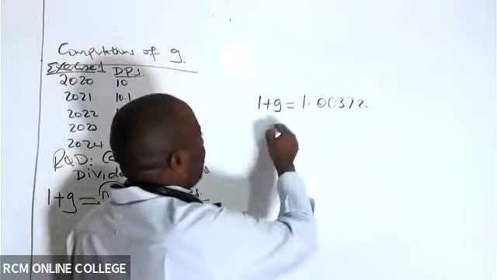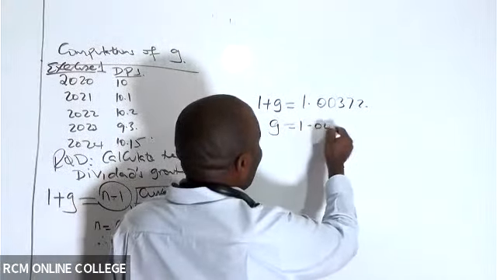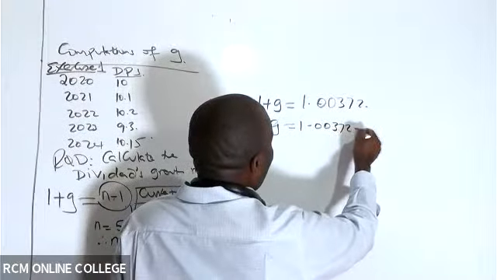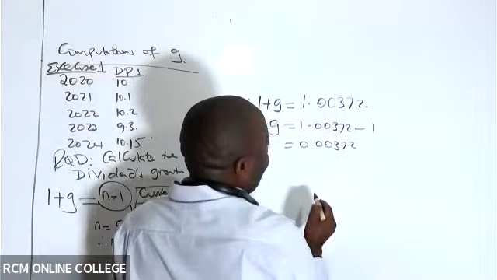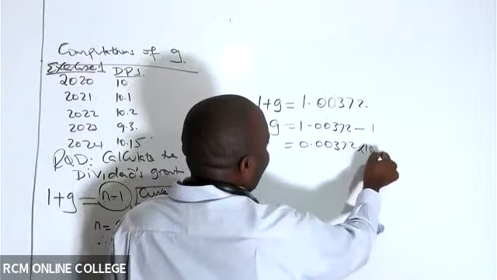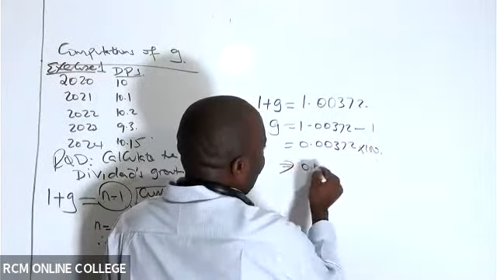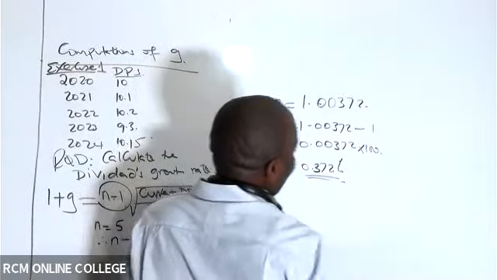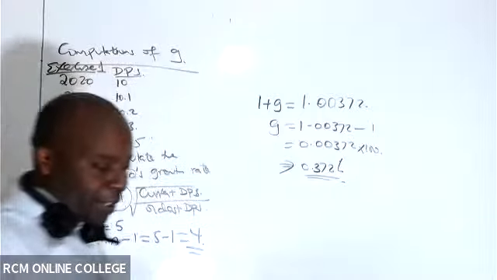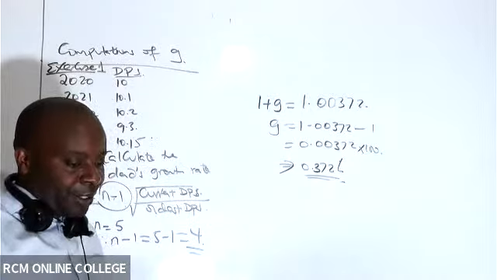Therefore, G will be 1.00372 minus 1, which will be 0.00372. Of course, times 100, and that will end up giving us 0.372%. Thank you for that. So now I believe this is the correct answer, right?